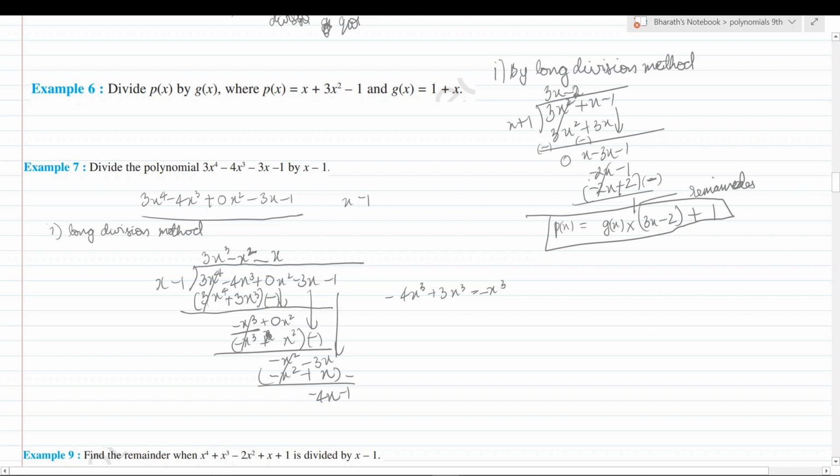So we have to multiply with such a number that this gets cancelled, so we multiply by minus 4, so minus 4x, minus into minus plus 4, multiplying this whole thing with minus sign, this becomes plus, this becomes minus, so this gets cancelled, minus 5, so that this is the remainder.